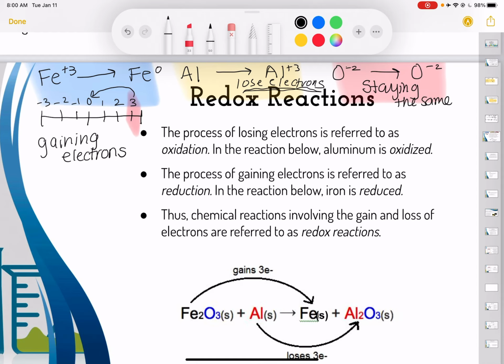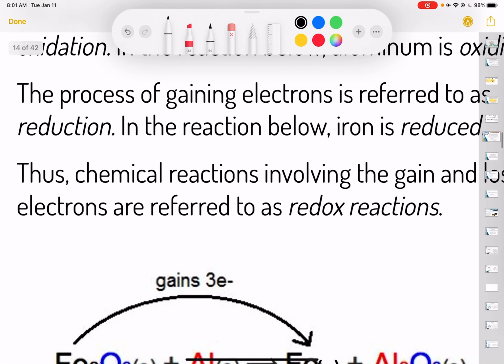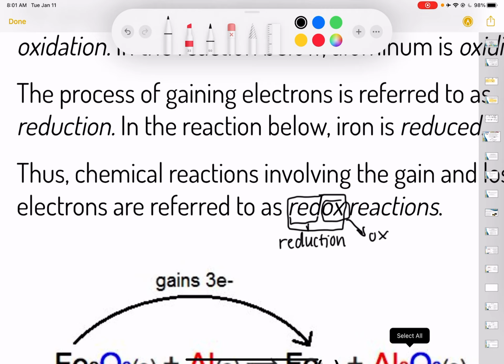It says, thus, this chemical reaction involves the gain and loss of electrons, is referred to as a redox reaction. Okay? These are called redox reactions because something gains and something loses. And if we break down the word redox, that's reduction, which is re, and then the ox is oxidation.